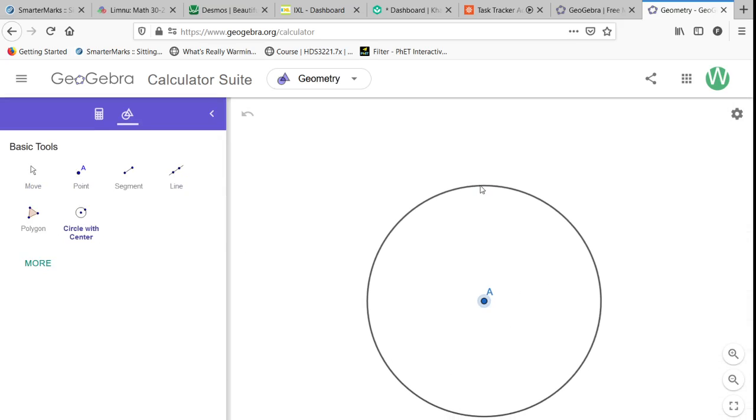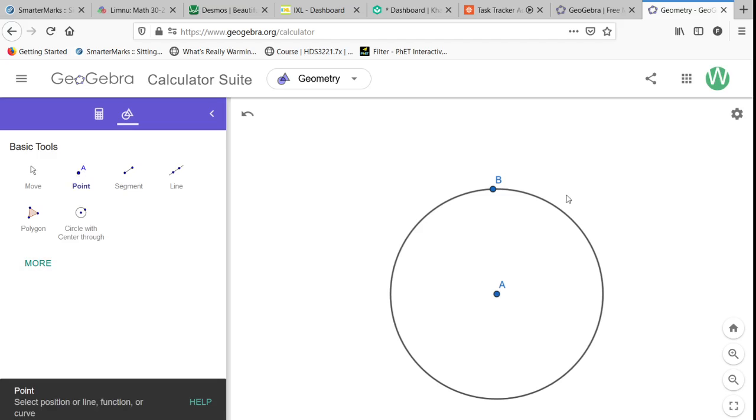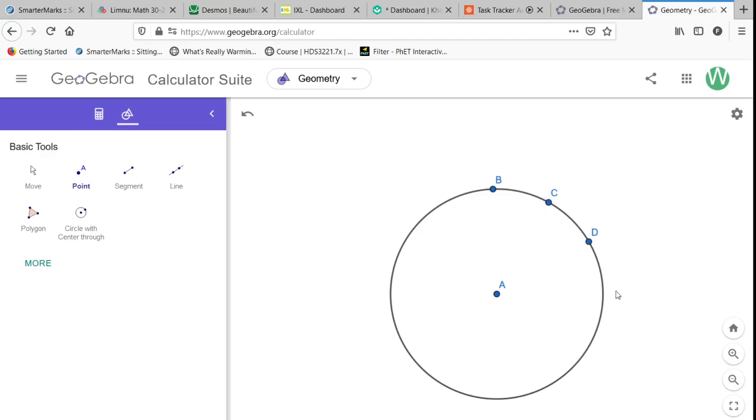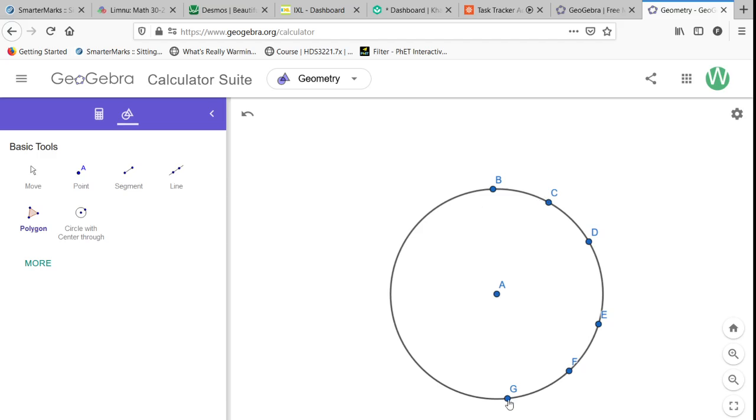Let's take the geometry view. So that's our circle, and there are 6 points on the circumference somewhere. Let's say we're going to make our triangle out of points B, E, and G, just to make it easier to draw.